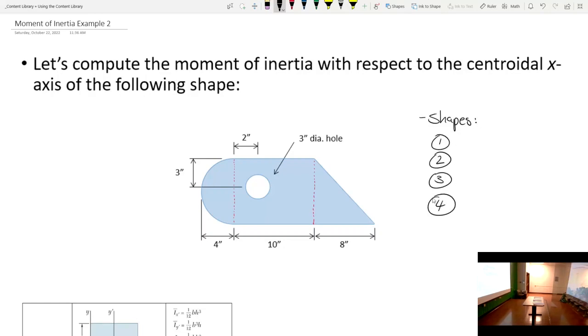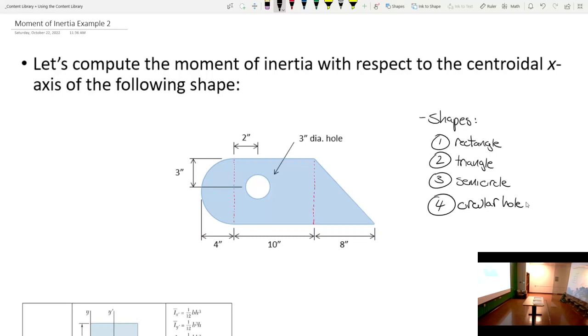So we're going to split this up into 4 regions. Let's keep it simple. Let's call shape 1 this rectangle. Let's call shape 2 this triangle. Let's call this the semicircle. Let's call that the circular hole.